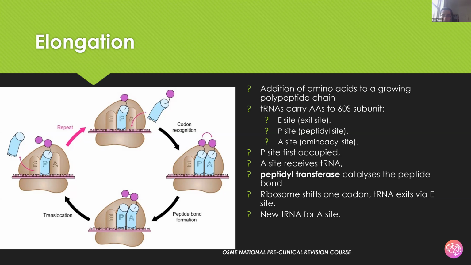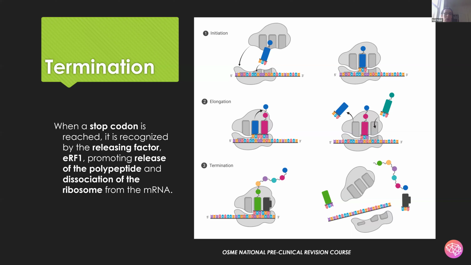While the tRNA with the growing polypeptide is then positioned in the P site, the next tRNA can occupy the now empty A site. And so then this repeats until we arrive at the C terminal. Once a stop codon is reached, it's recognized by a releasing factor, eRF1, that promotes the release of the polypeptide and dissociation of the ribosome from the mRNA.